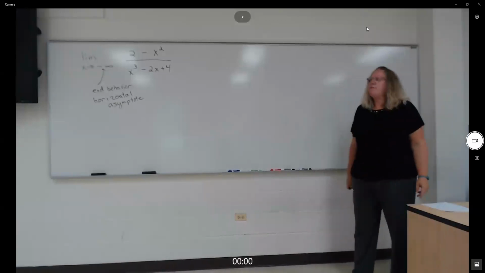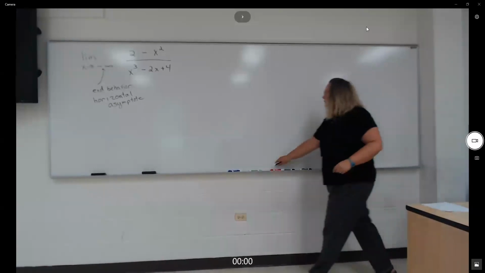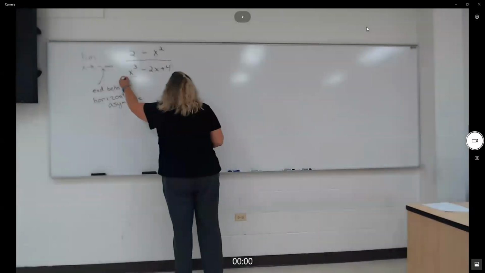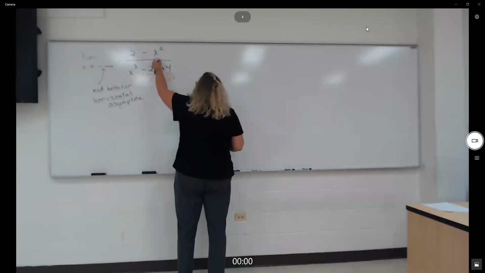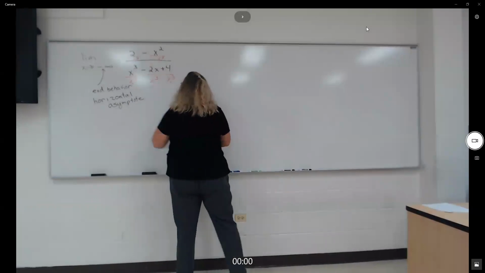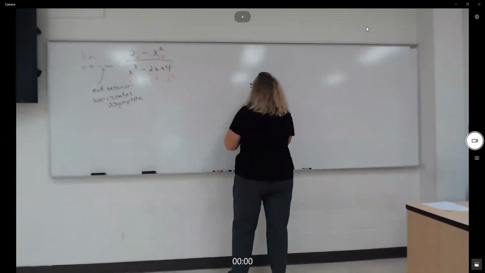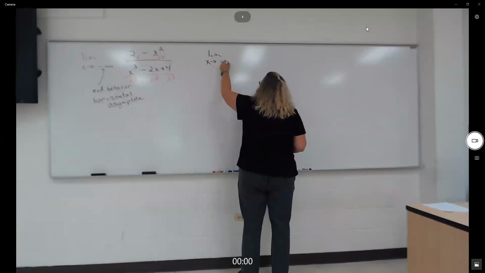So I have to divide everything by x to the third. Everything's going to go over x to the third. Cancel if you can. And I'm still doing the limit as x approaches negative infinity.